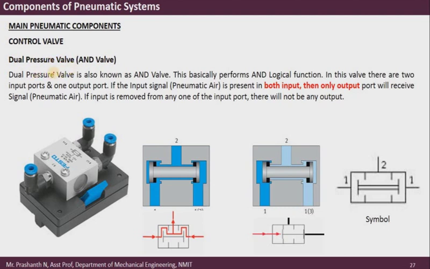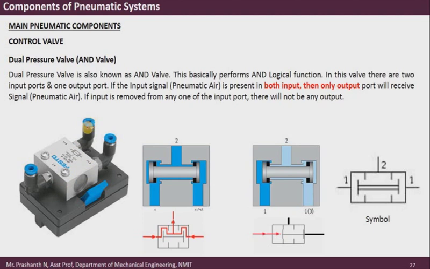The dual pressure valve follows the AND logic, in which the output of the valve is obtained only when both the inputs receive the signal, right? So that is the AND logic. AND logic basically tells that if there is a signal at both the inputs, only then will you get the output. So this is the physical appearance of a dual pressure valve.